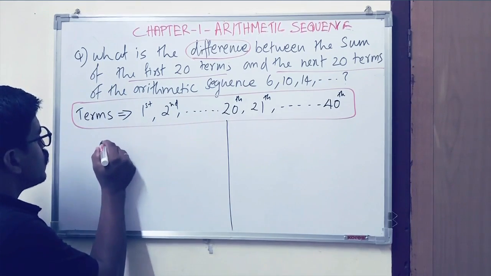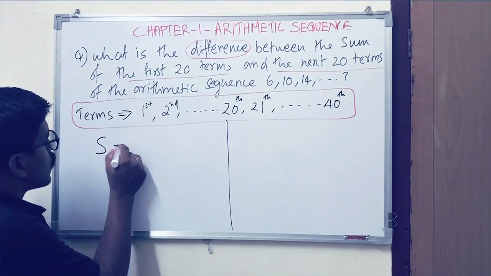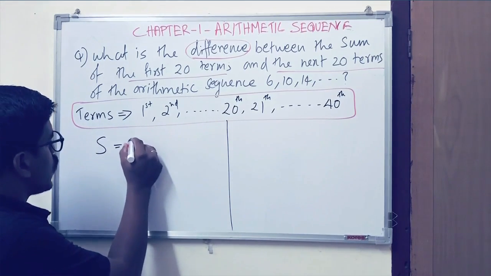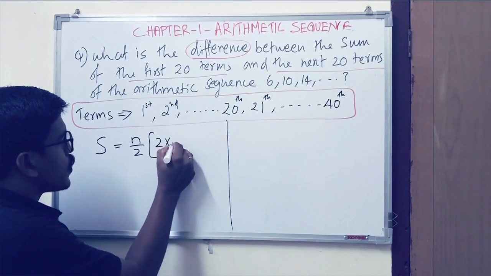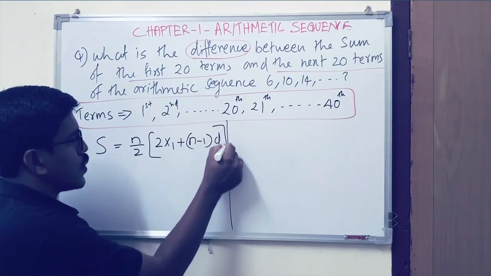So all of you know how to find the sum. We are using the second equation, that is sum is equal to n by 2 into 2x1 plus n minus 1 into d.